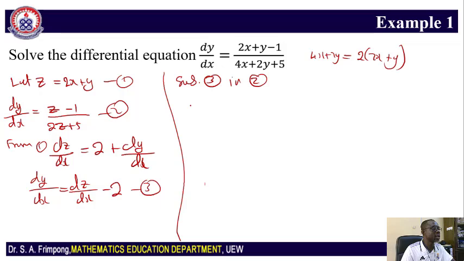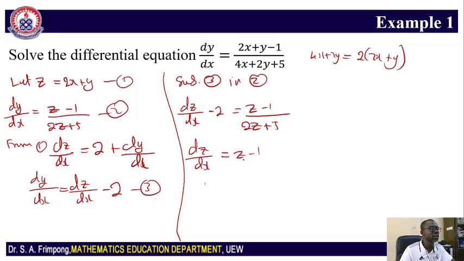So we are now going to have dz/dx minus 2 equal to (z minus 1) over (2z plus 5). And we simplify this: dz/dx equals (z minus 1) over (2z plus 5), plus 2.